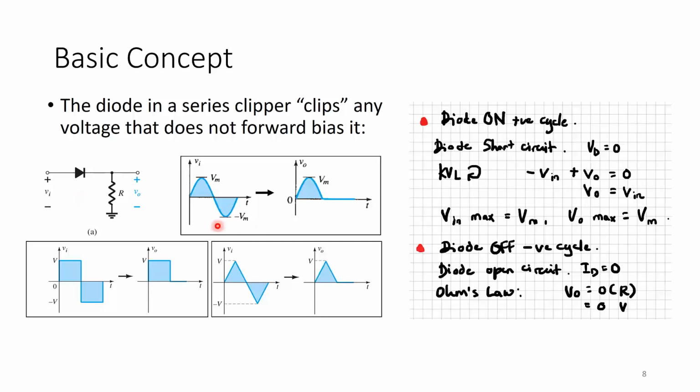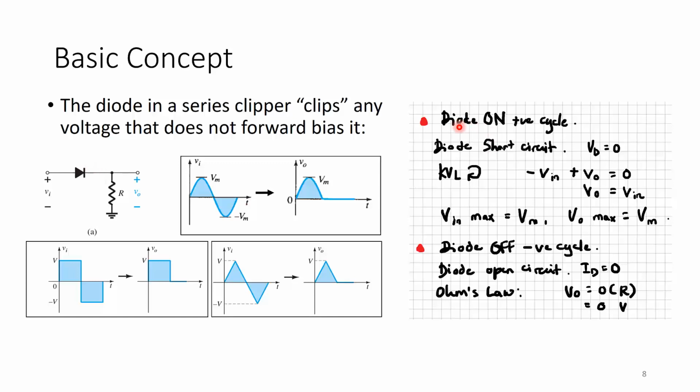Okay, if I were to do my analysis, let's just have a look at the sinusoidal. I have a positive cycle of the input and a negative cycle of the input. When it is positive, if you look at the laser pointer on screen, it would be forward biasing the diode because it is in the direction of positive current flow. But if it is a negative cycle for Vin, it would then be attempting to flow while applying reverse bias. So in the negative cycle, the diode would be non-conducting.